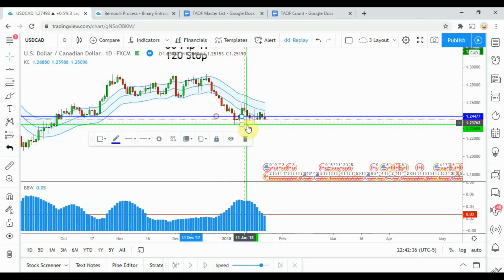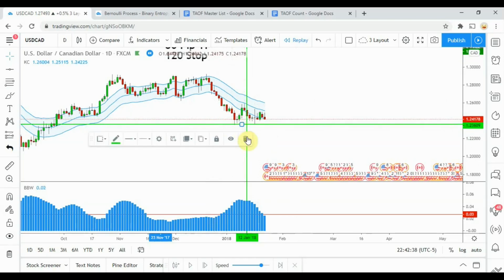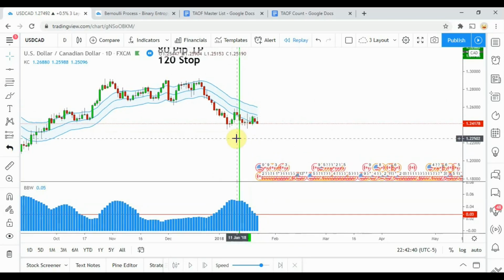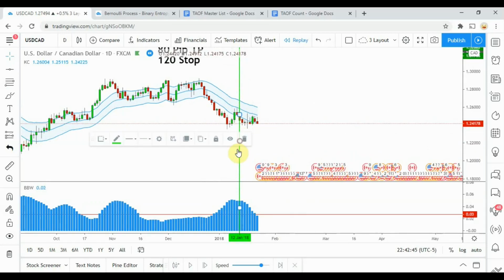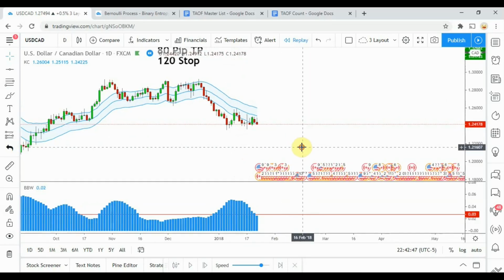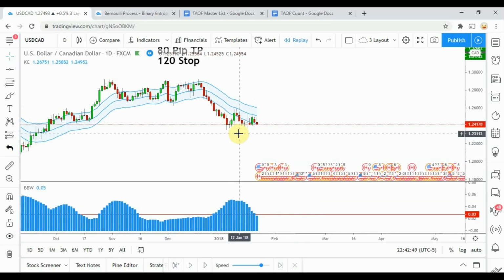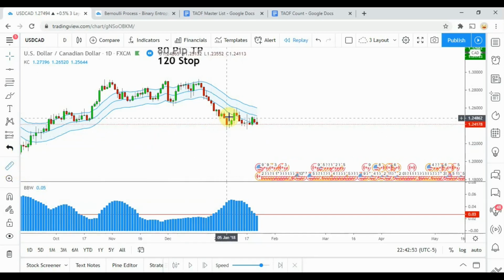Okay, so now that everybody knows how we would manage our positions if that is how we were trading it, you can trade it in that way, or you can choose to trade it however you see fit. You could also take your stops differently if you were so inclined.